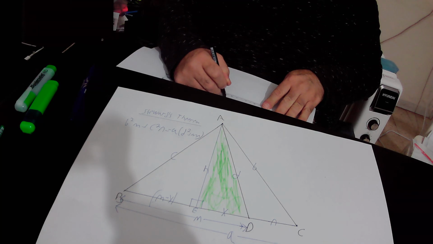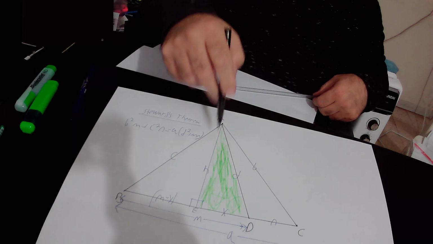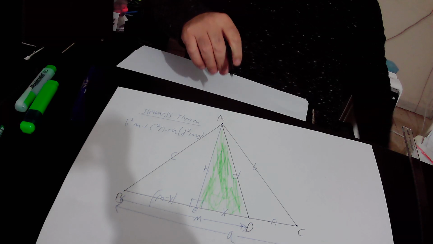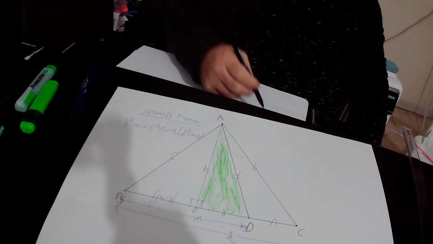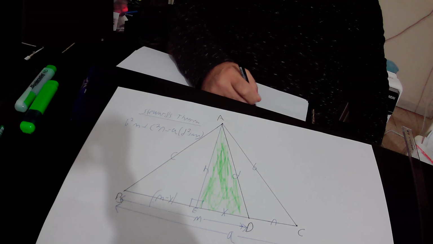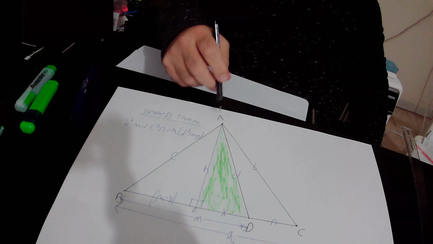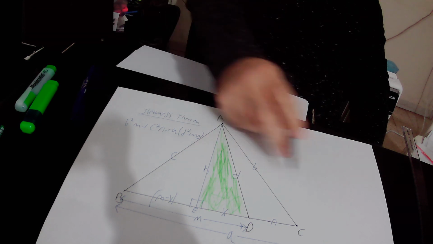According to the Pythagoras theorem, in triangle AEC, the square of the hypotenuse AC squared must be equal to the sum of the squares of the perpendiculars, that is to say, it must be equal to AE squared plus EC squared.